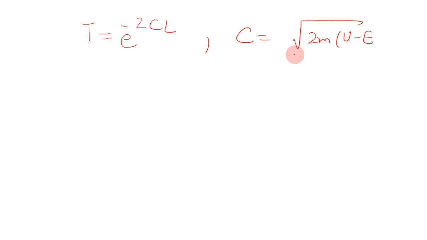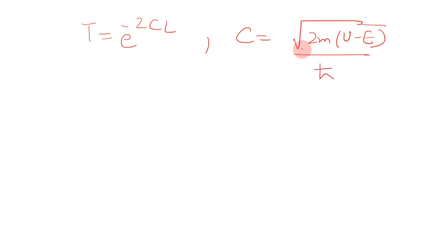First of all, in this question we have to calculate the transmission probability for quantum tunneling. We know the transmission probability coefficient for tunneling is e to the power minus 2CL, where C is under root 2m (U minus E) divided by h cut.